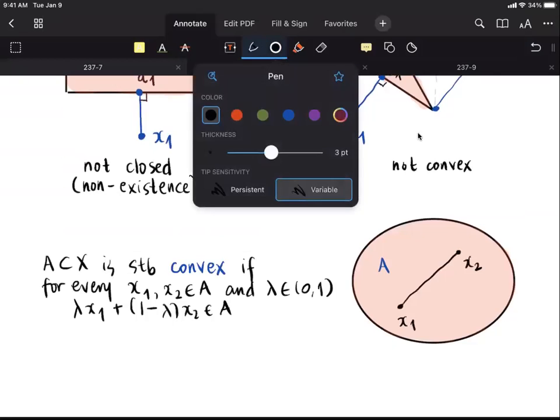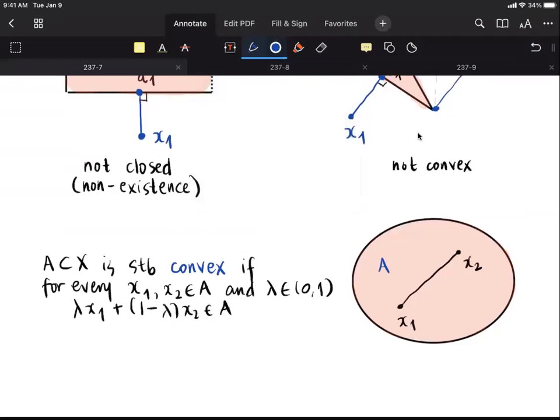So this is basically the line segment passing through x1 and x2. If lambda is equal to 1, you have x1, and if lambda is equal to 0, you have x2. We excluded the endpoints already because we know that x1 and x2 are in A. So as lambda decreases to 0, you pass through the points on this line from x1 to x2.